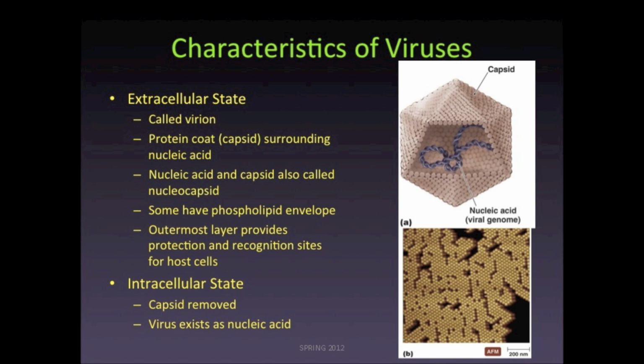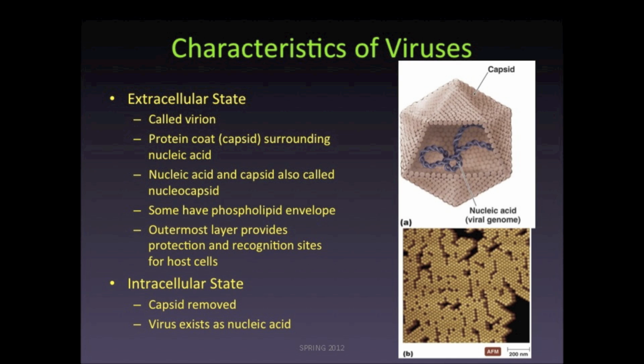Those with an envelope present are called enveloped viruses, and those lacking envelopes are referred to as naked viruses. The outermost layer of any virus particle acts to provide protection of the genetic material and holds the proteins that will interact with host cells. An intact virus capable of being infectious is properly called a virion.